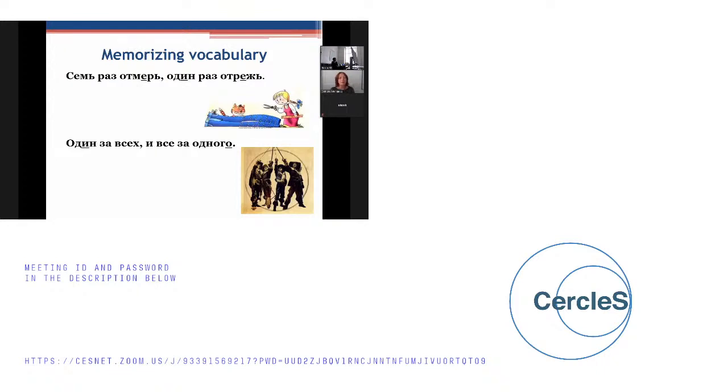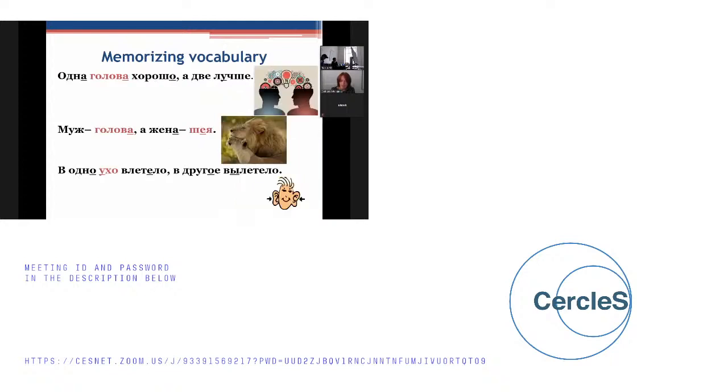But what I like very much in this respect is the use of proverbs, because the Russian language is very rich in proverbs, and you can find proverbs for any topic. So here you can see two examples of proverbs about numbers, and here you can see 3 examples of proverbs with parts of the body.